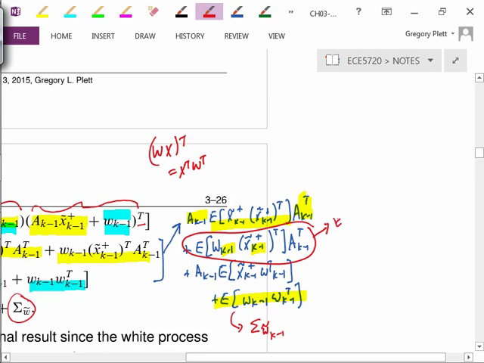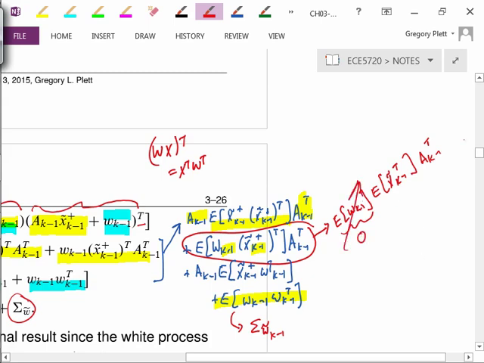So this term becomes expected value of w_{k-1} times expected value of x̃_{k-1} transpose, all times A_{k-1} transpose. And when we're looking at that, we say, oh, but w we've assumed is zero mean. So if that's zero mean, that goes to 0.